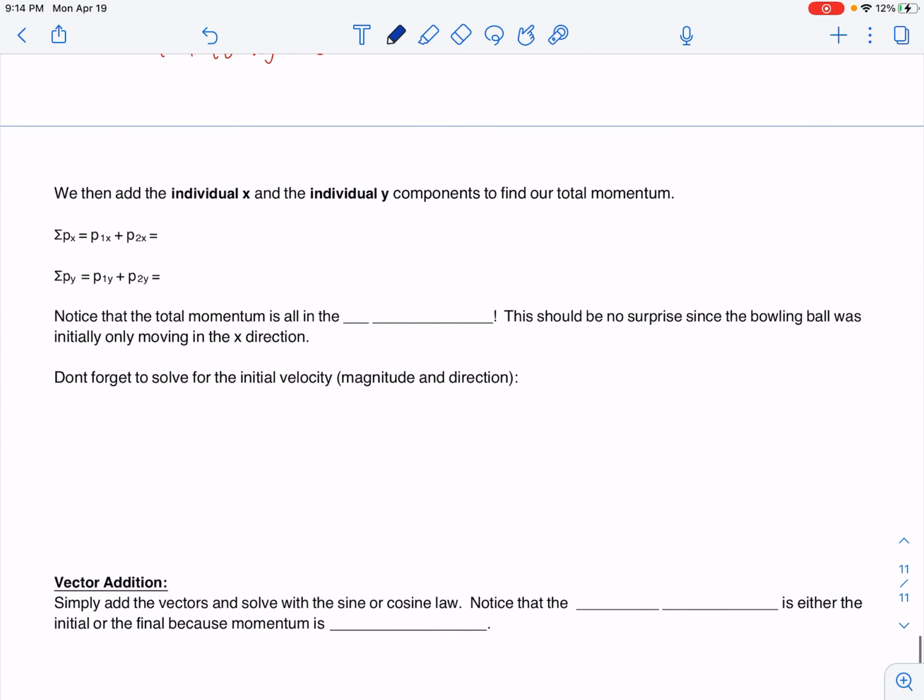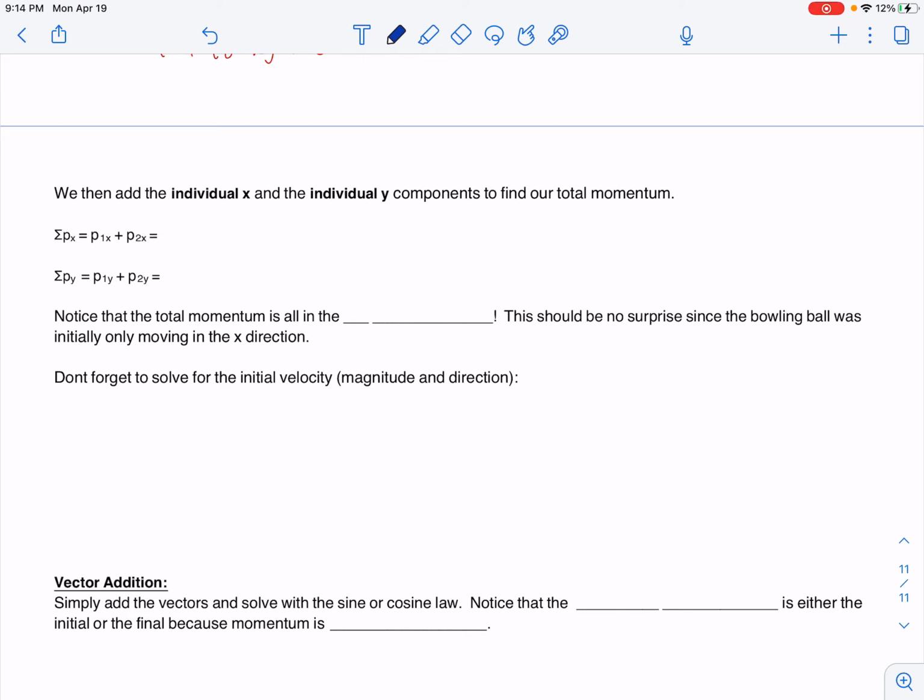All right, what I want to do here is find our total momentum. I want to add up my momentums in the x direction together and my momentums in the y direction together.